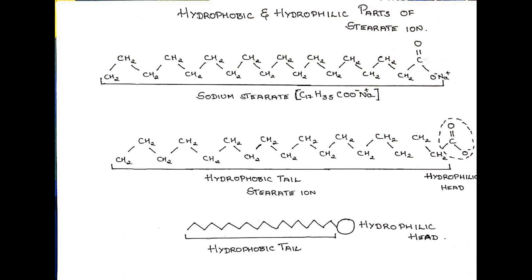So this is the long tail, and this is the hydrophobic tail. Do you understand why? Because hydro means water, so water hating. This part is the water hating part. The other one is the hydrophilic head, that is the COONa portion. That is the salt portion, the ionized portion.